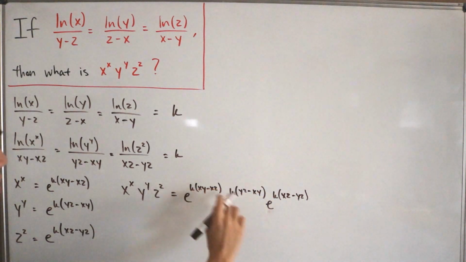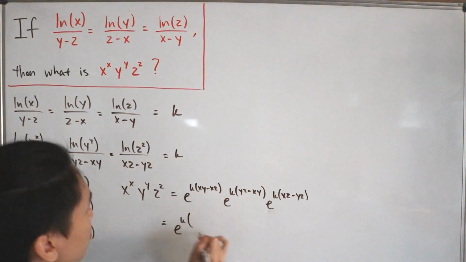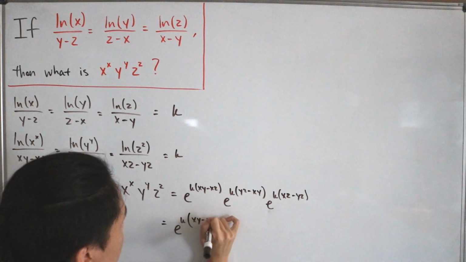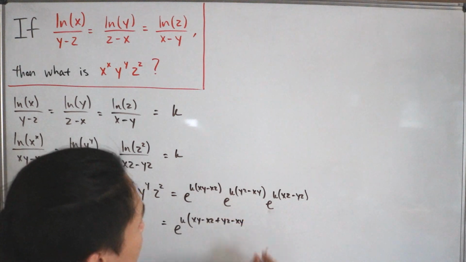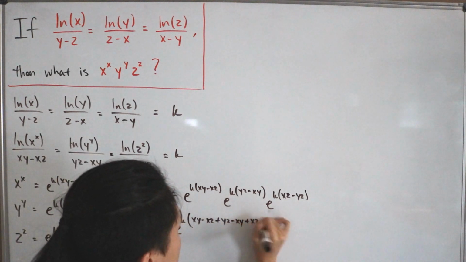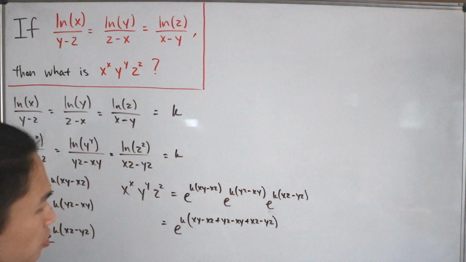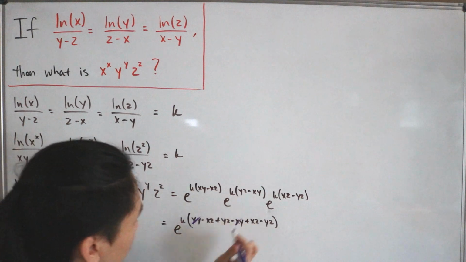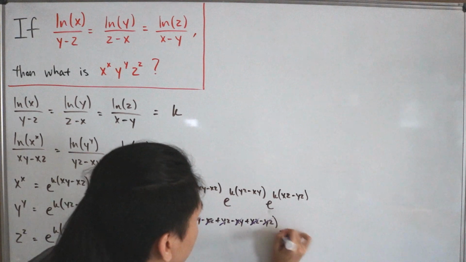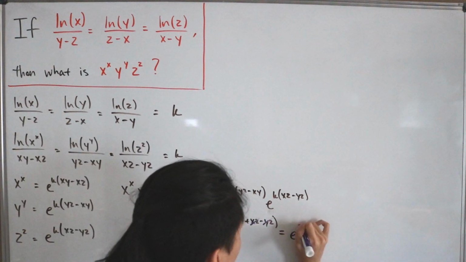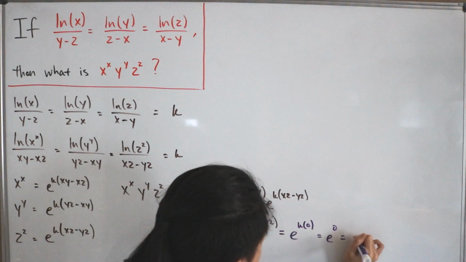Not only that, everything shares a k, so I can factor out the k. So I have e to the power k times xy minus xz, plus yz minus xy, plus xz minus yz. You'll notice that some terms cancel out: xy cancels, xz cancels, and yz cancels. And therefore that leaves just e to the power k times 0, aka e to the power 0, which is equal to 1.